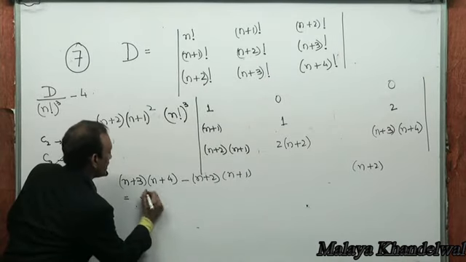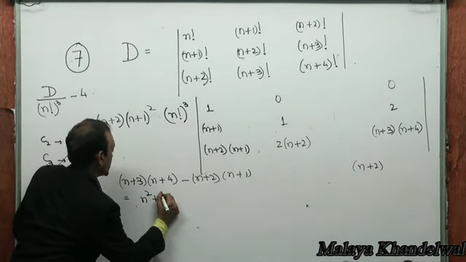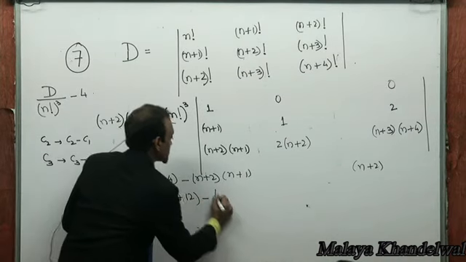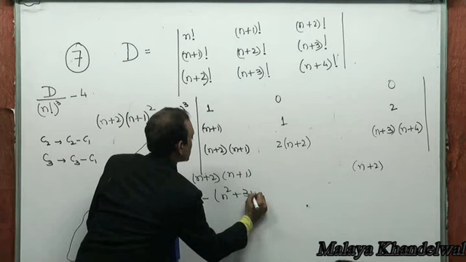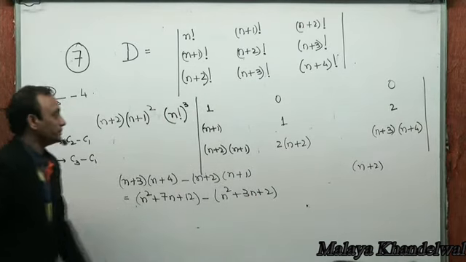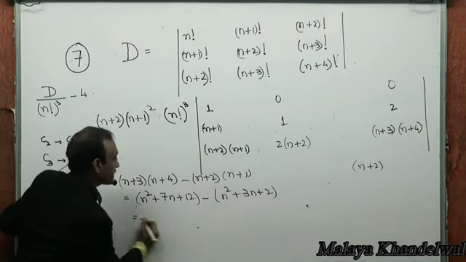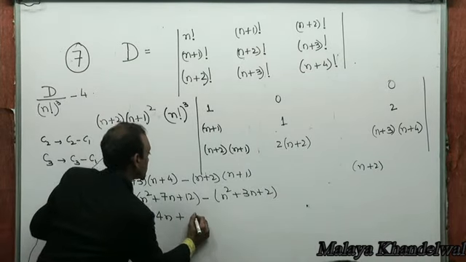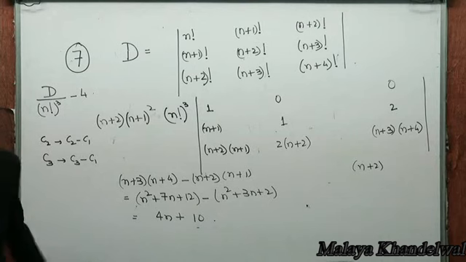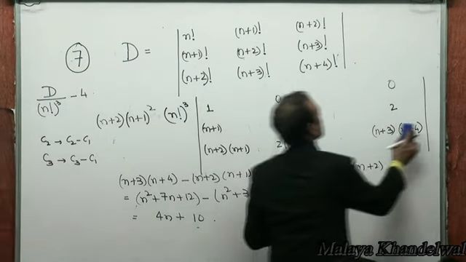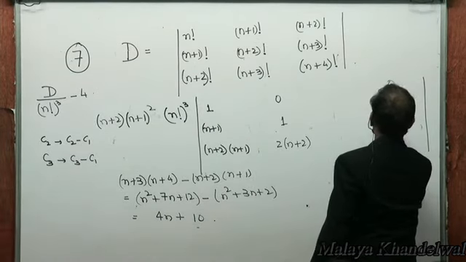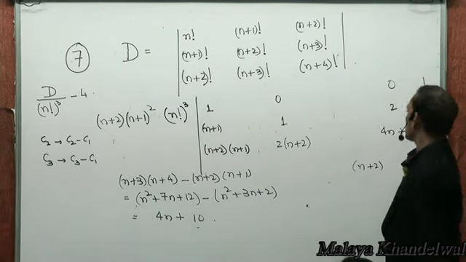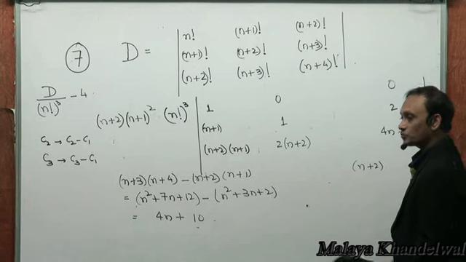This is n squared plus 7n plus 12 minus n squared plus 3n plus 2. N squared would get cancelled. So 4n plus 10. Isn't it? So this would be 4n plus 10. Right? This is what you get.